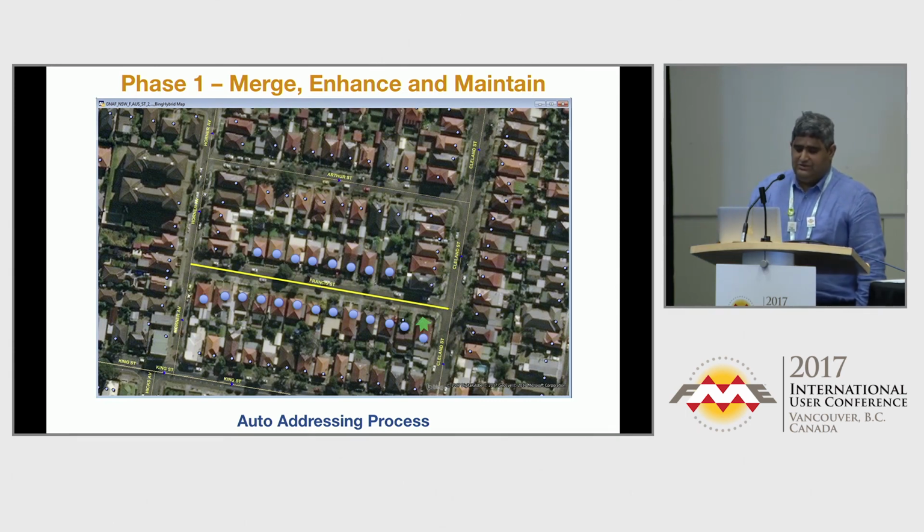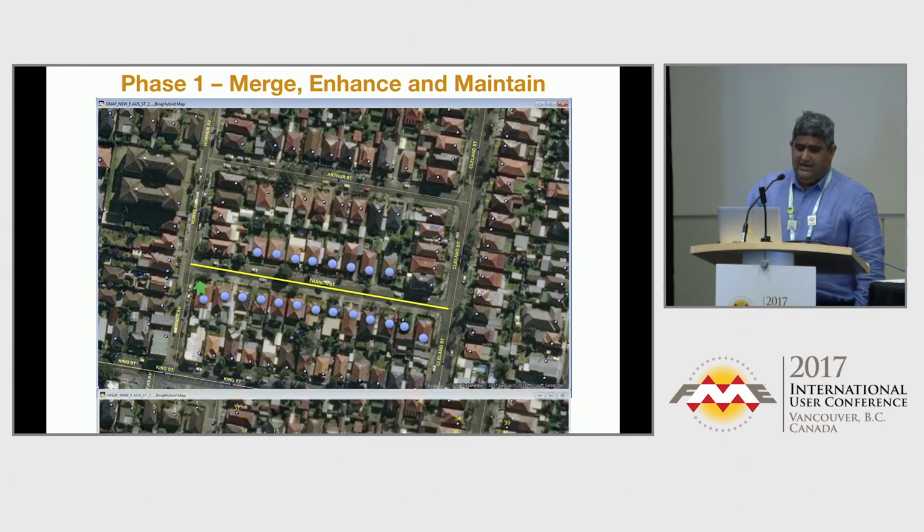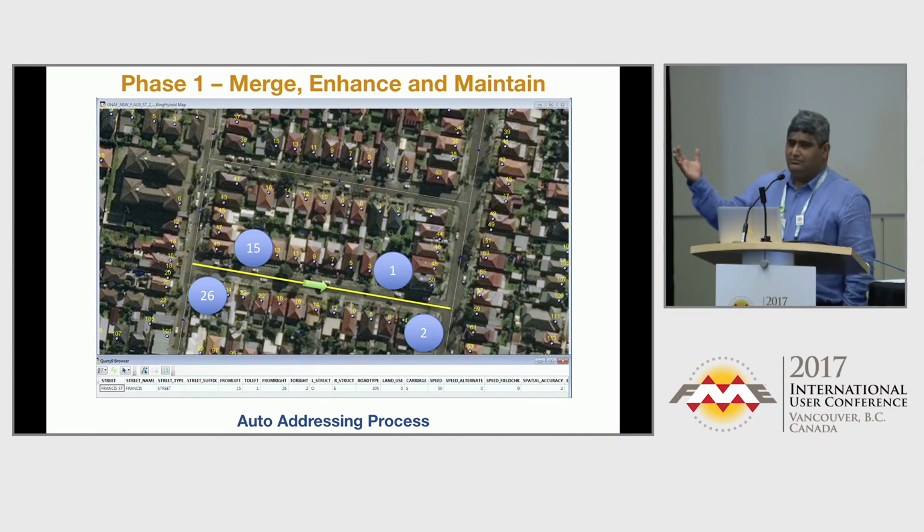So we built this process that takes all those parameters into consideration, builds that relationship between these points and line, and in the end, it comes up with this information. This is the line direction, this is the maximum number on the left side, this is the minimum number, this is the numbers on the right side, and then it assigns those address information to the street segment.